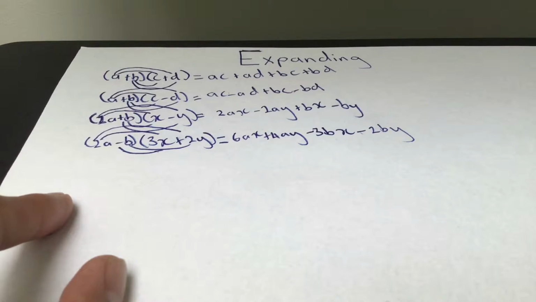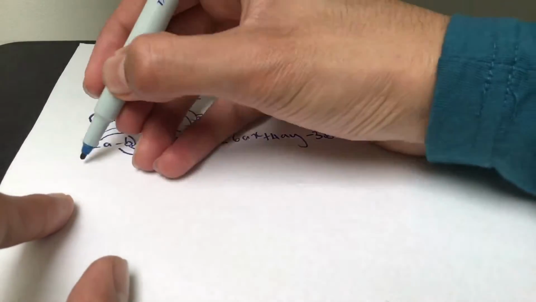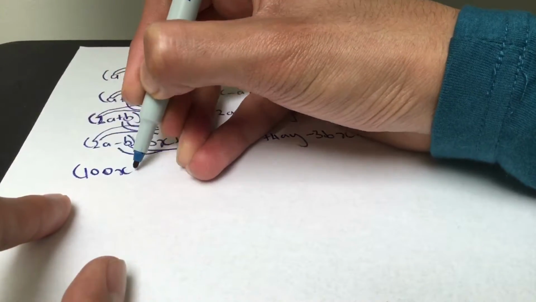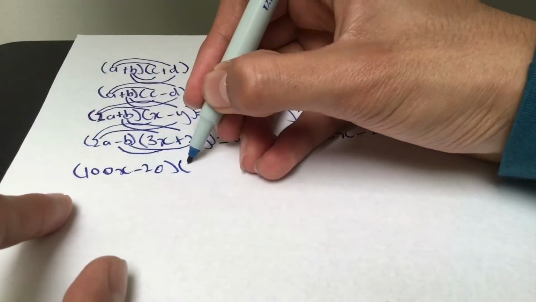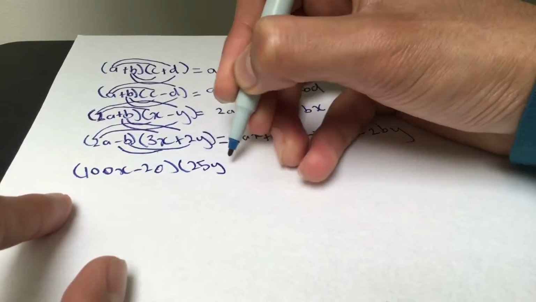Okay, now let's move on to (100x - 20)(25y + 50).